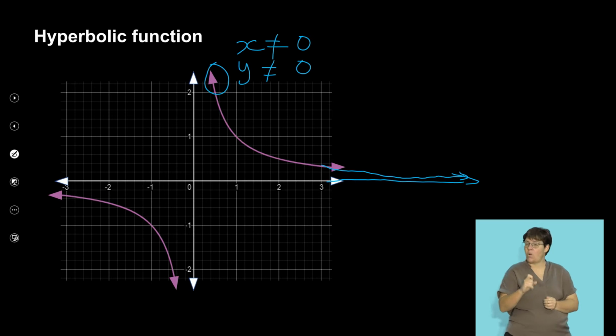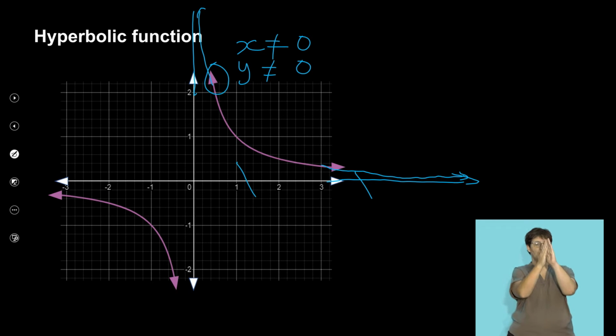Because x or y cannot be 0. So it cannot cross any of the axes. As soon as it does that, it means it is now no longer a defined graph. Similarly with the y, if it goes up there and I extend this, it will approach and approach and approach, but it will never cross. So that's what we call the asymptote.